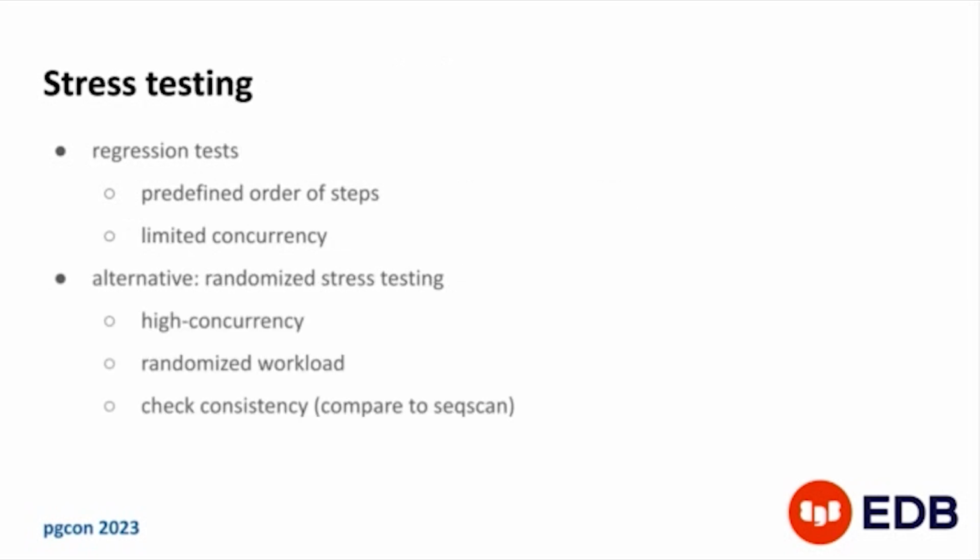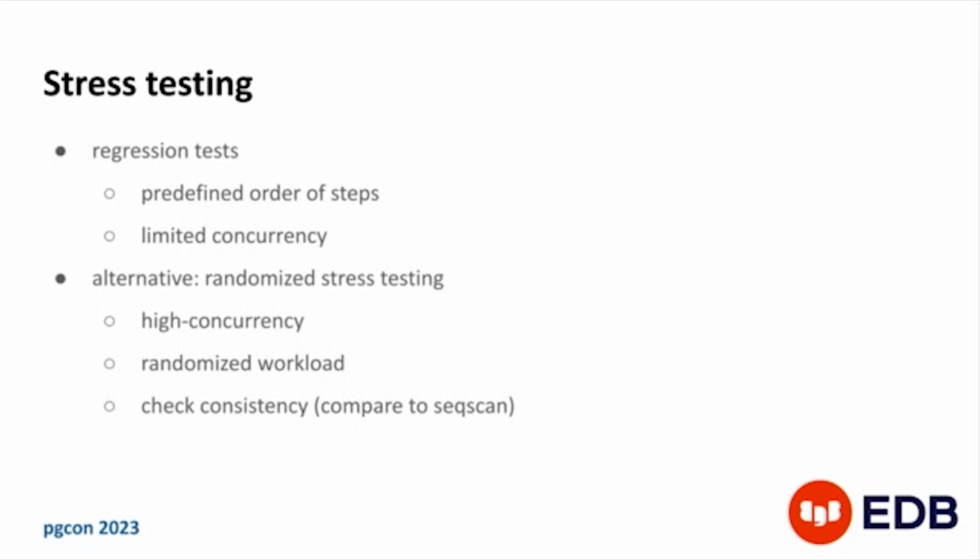And the last thing is that while working on BRIN, which was introduced in Postgres 9.5 in 2016, I think, I ran into a bunch of long-standing bugs that have been there since the very beginning. And I realized that we do have a lot of tests in the Postgres code base, but those are regression tests.